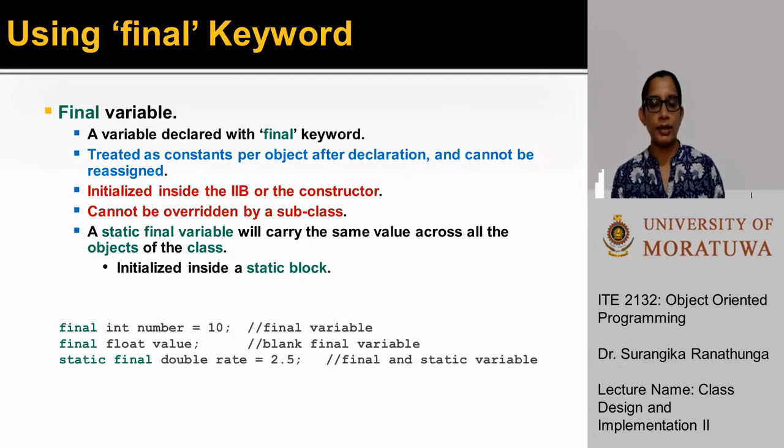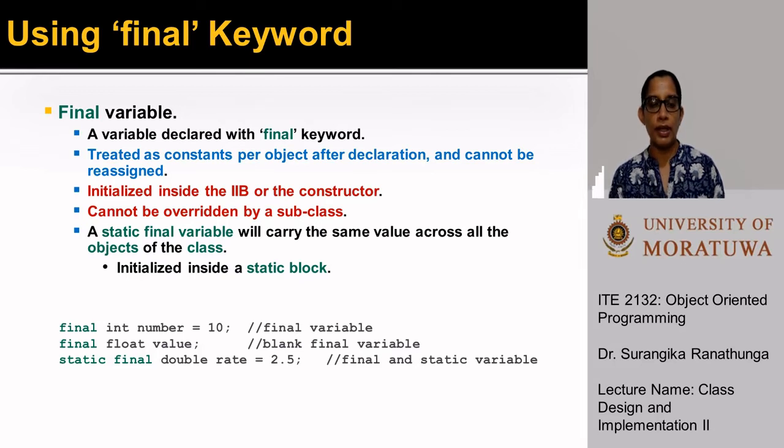So the next keyword is final. This final keyword can be used in multiple places. If you use the final keyword with a variable, then that variable cannot be reassigned. So if I say final int number equals 10, within that object where the number is 10, you can't change that.